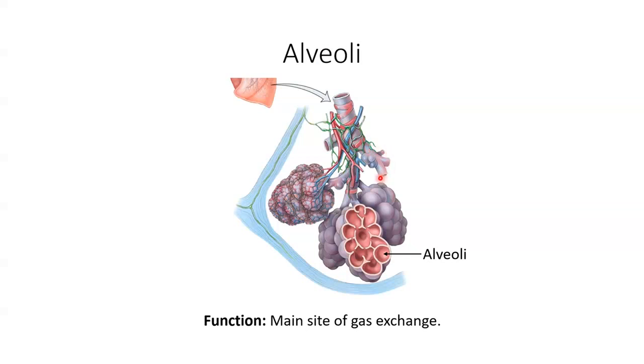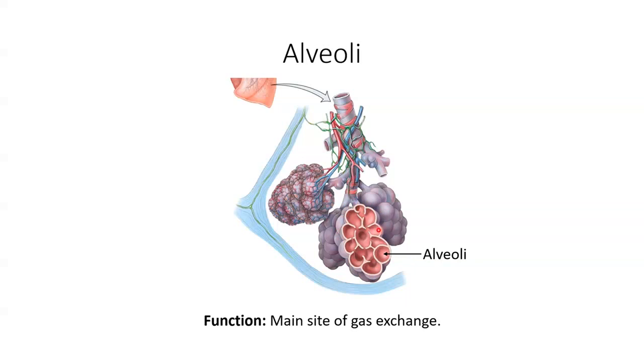They then open up into our alveoli ducts. Each alveoli duct has this bunch of grapes, which we call an alveoli sac. Each individual grape is then the alveoli. Each of those alveoli open up into one common area, which then goes into that alveoli duct.